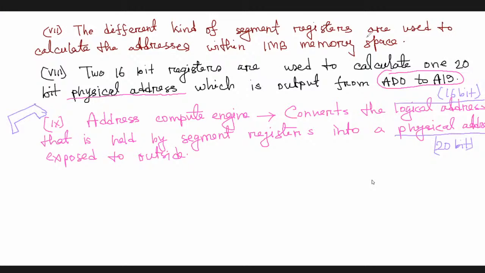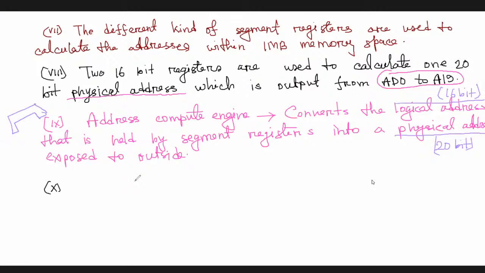Okay, next, point number 10. What does point number 10 say? You know that we have two units. One is called the execution unit, which performs all the execution, and the other is the bus interface unit. Currently we are discussing the bus interface unit.